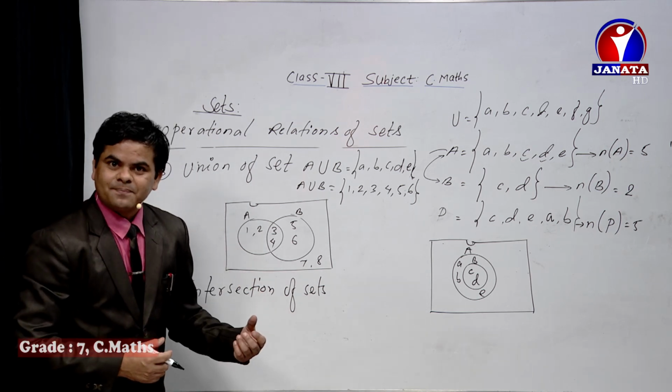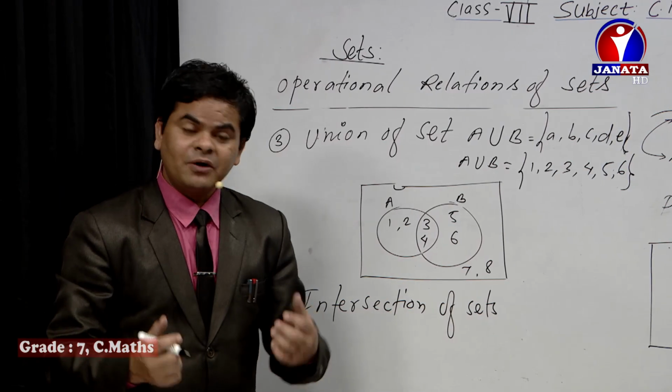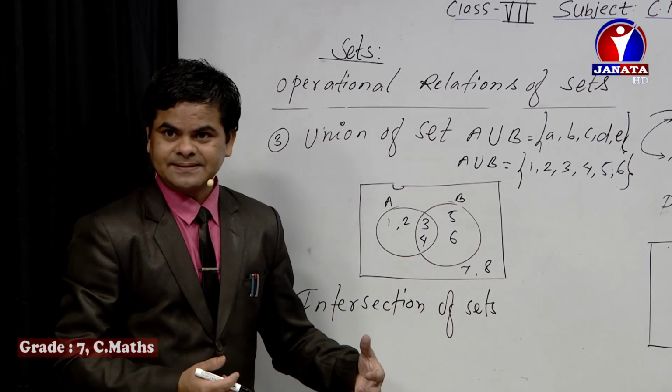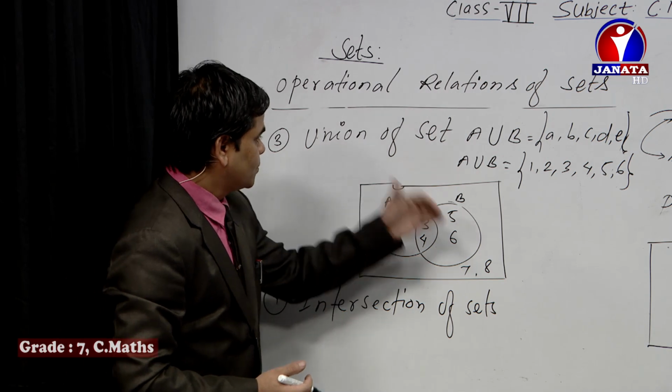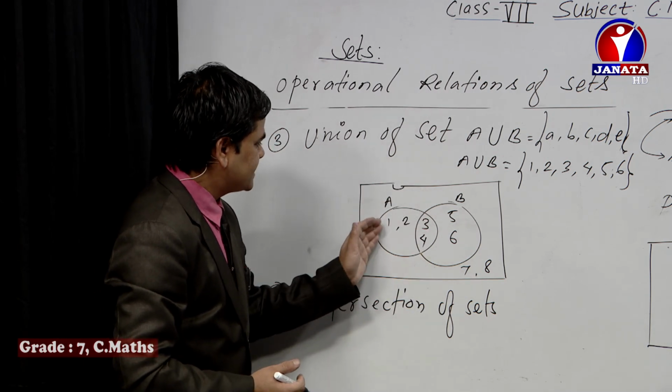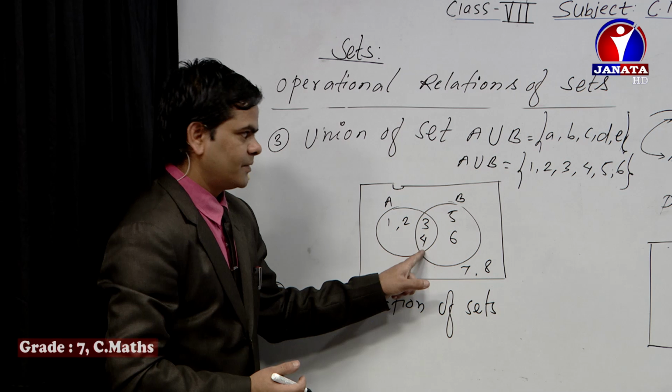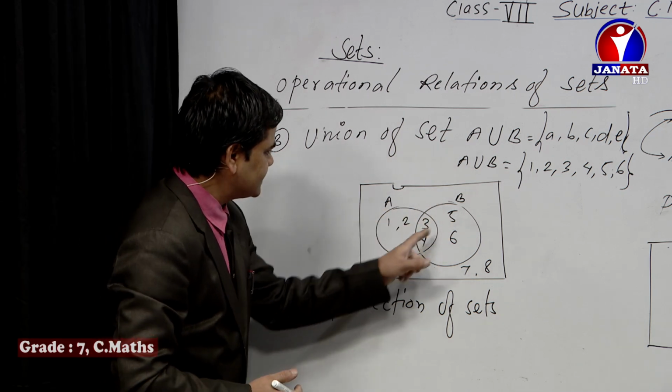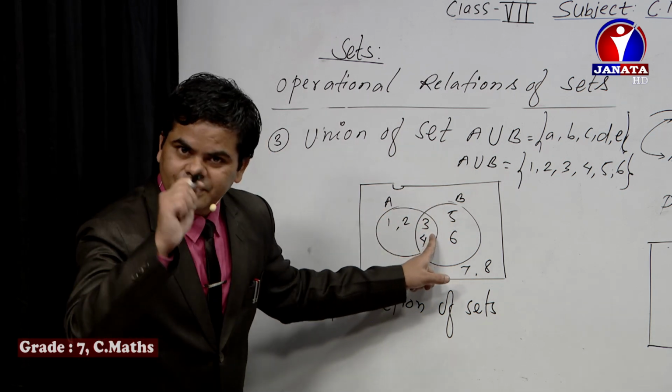Those elements which are present in the common area between the two sets. Here are the elements of set A as 1, 2, 3, 4. Set A has information as 1, 2, 3, 4. Don't be confused, dear students.